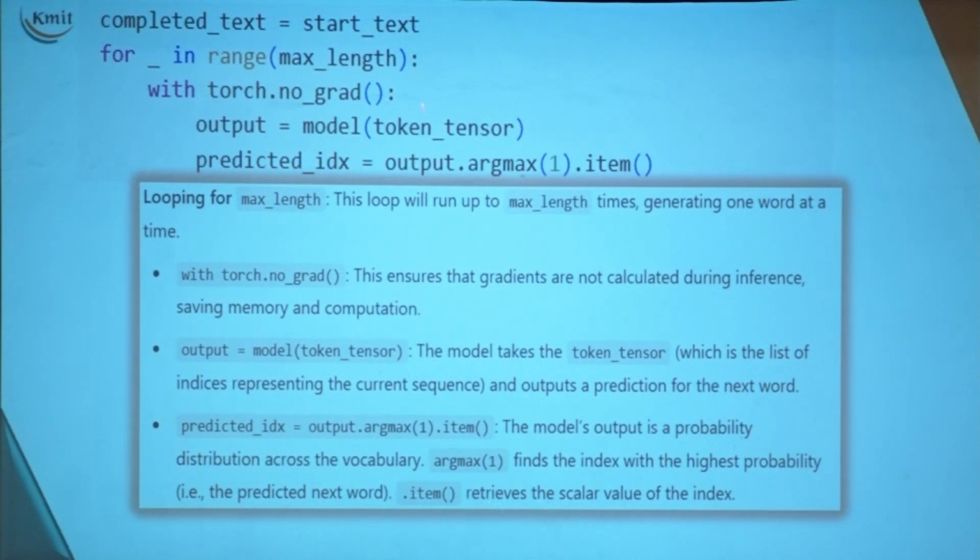The model will take this token tensor, which is nothing but the list of indices of the current sequence that you have given to your model, and it will predict an output as your next word. So the predicted output is nothing but your predicted index. So what is happening here? Output dot argmax 1 dot item. What is this doing? The output of the model that you get, what is it? Probability, no?